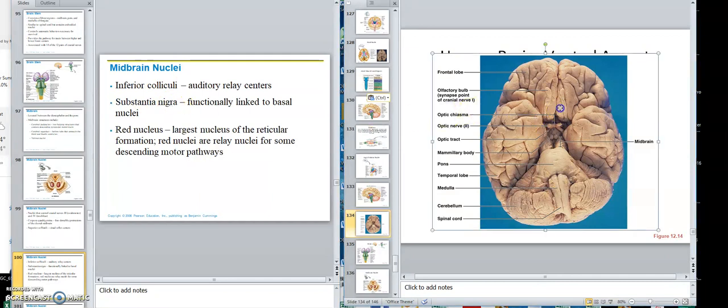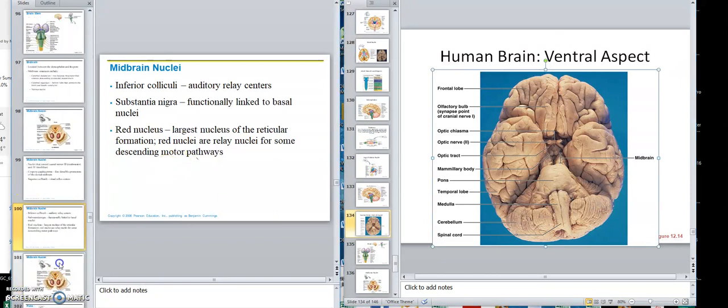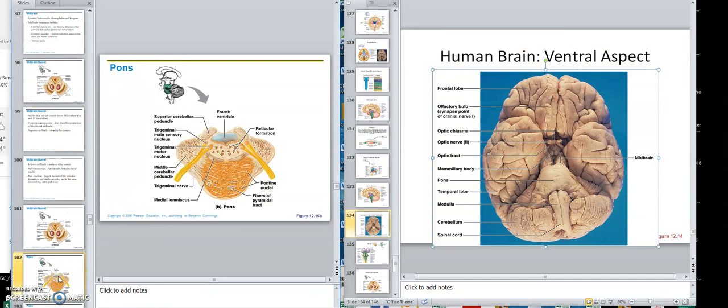A lot of dopamine is produced there. Red nucleus, largest nucleus, relay nuclei from descending motor pathways. That's what we call the rubrospinal tract. Those were extrapyramidal. Remember I was talking about that when we go back to your other video on the extrapyramidal tracts. So here's that there. Okay.